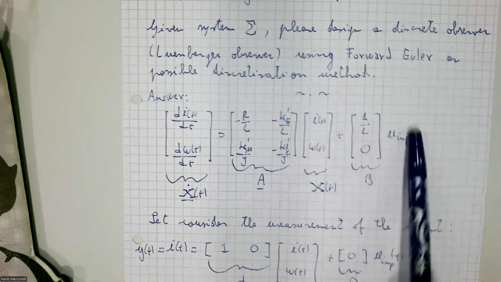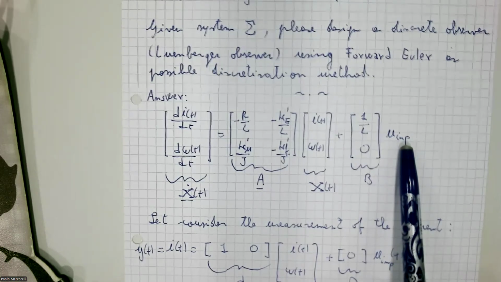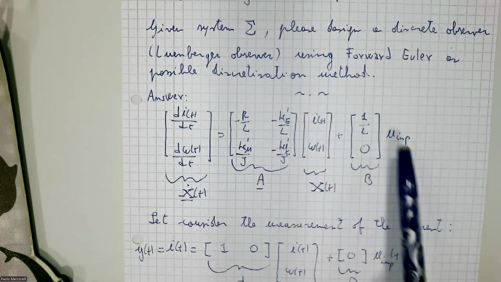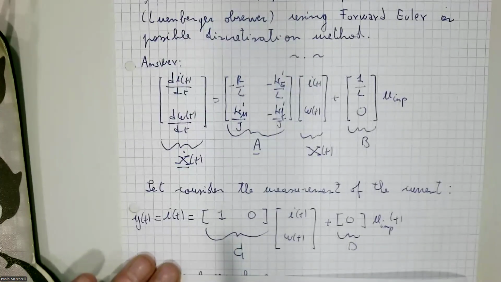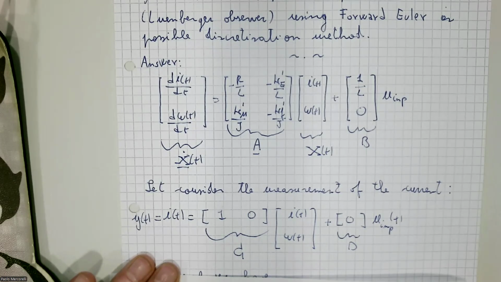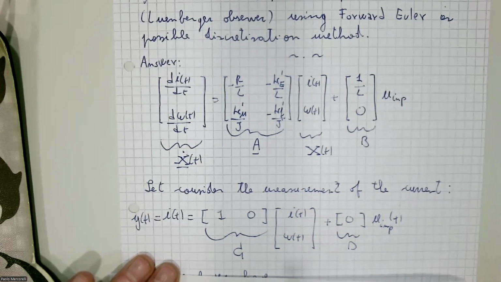I have this one, the input of the actuator. I have current, and I have to estimate omega because I need current and omega to control omega.